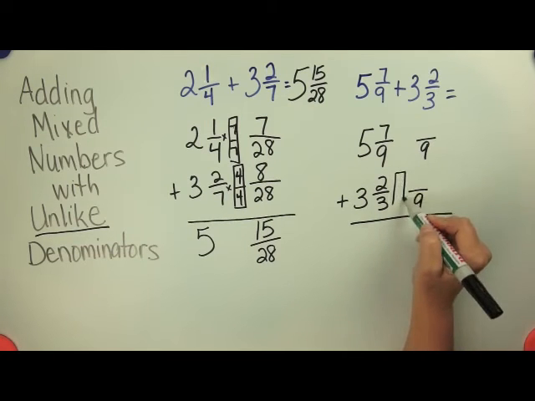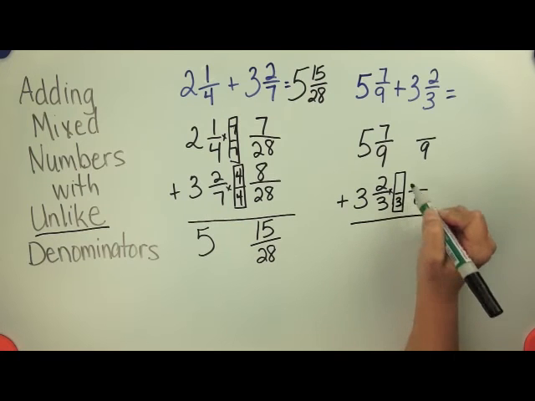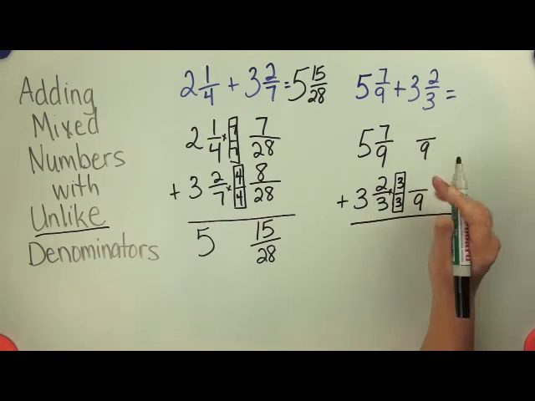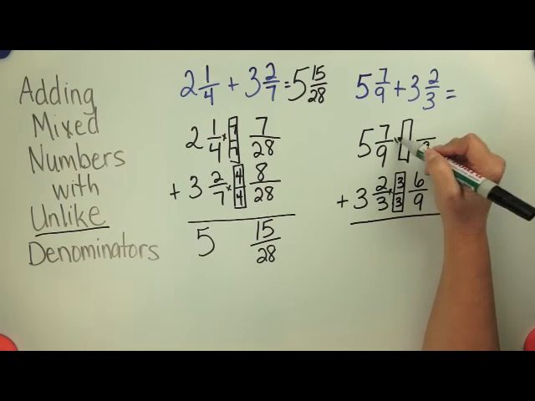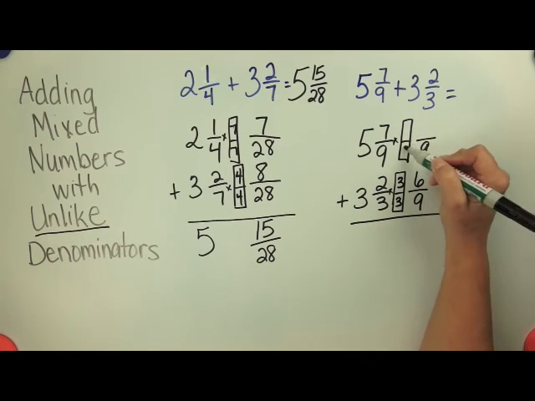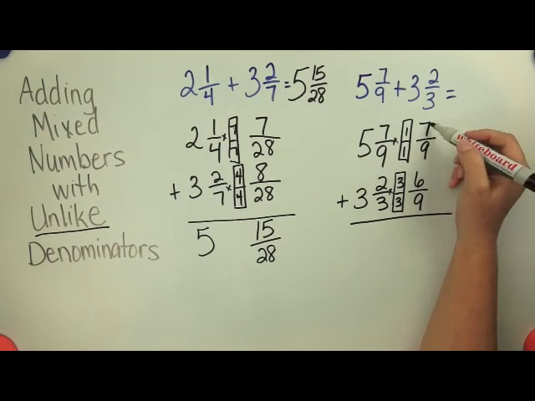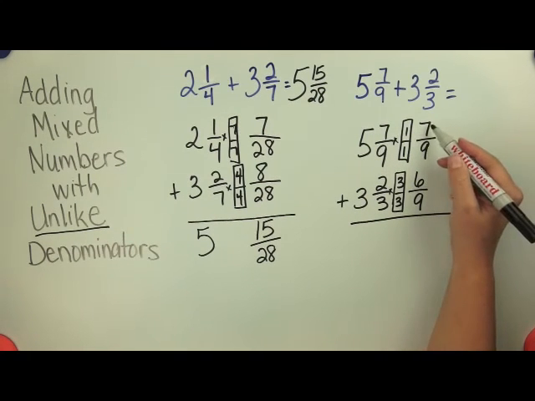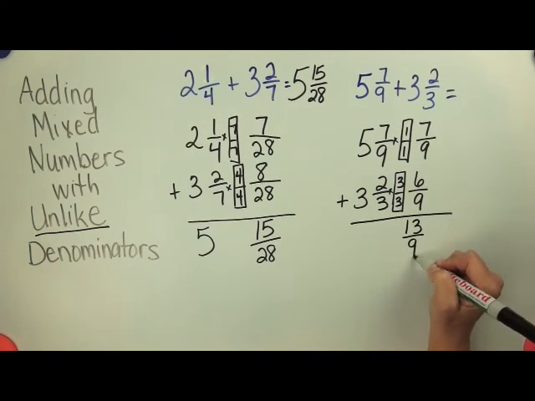I will multiply by, in this case, 3 times 3 is 9, and 2 times 3 is 6. Over here, we're actually multiplying by 1 over 1, which is still 7/9. So 7/9 plus 6/9. 7 plus 6 is 13 over 9.